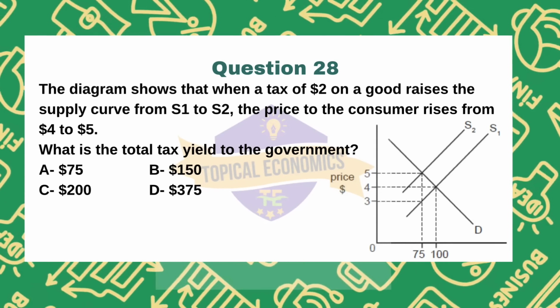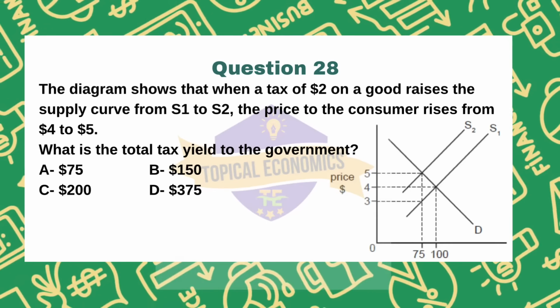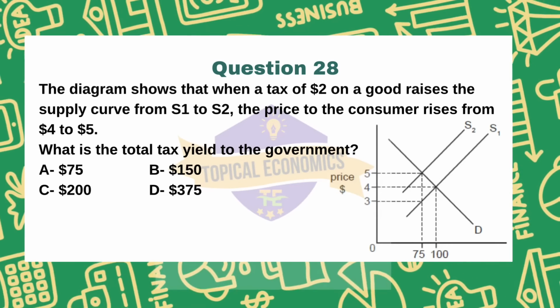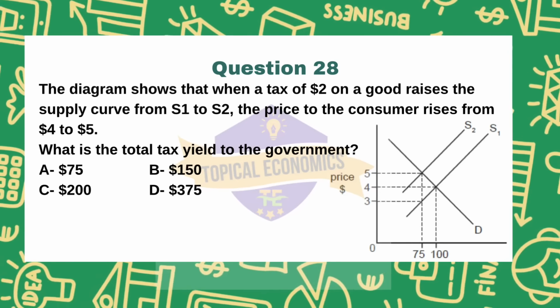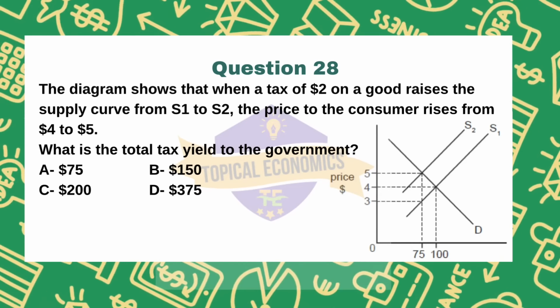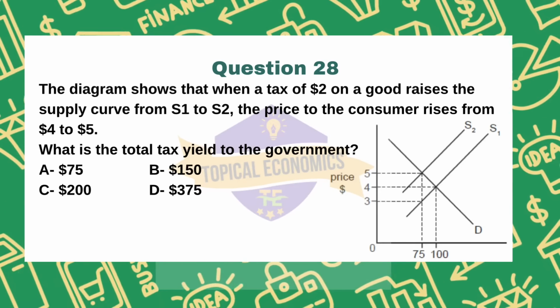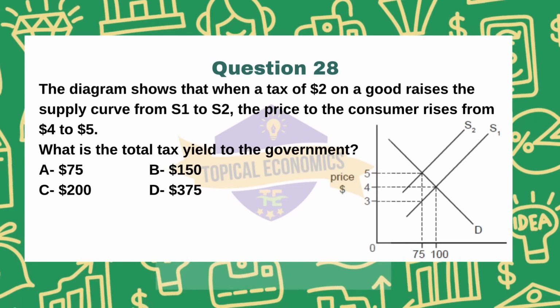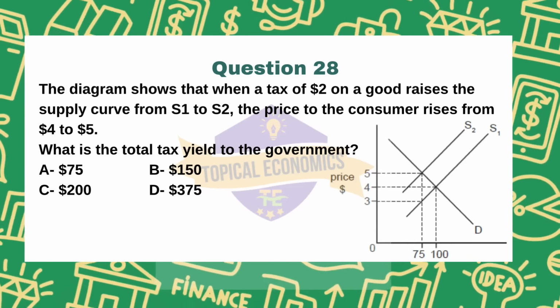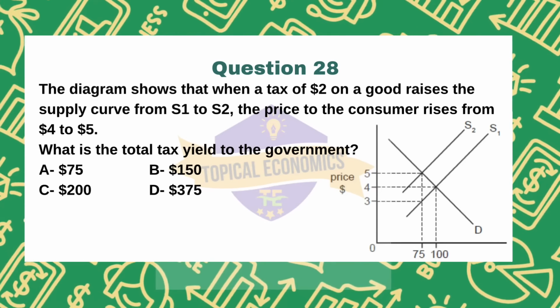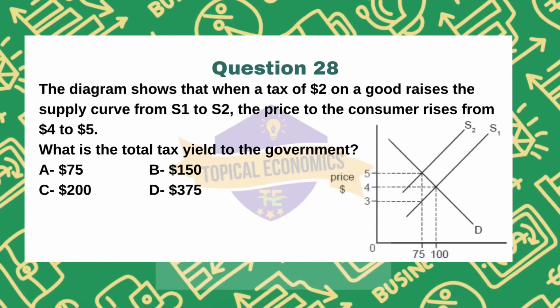D. $375. Total tax yield equals tax amount per unit times quantity sold. When price rises from $4 to $5, the quantity is Q equals 75. So, the total tax yield equals 2 times 75 is equal to $150. So the correct answer for this question is option B.